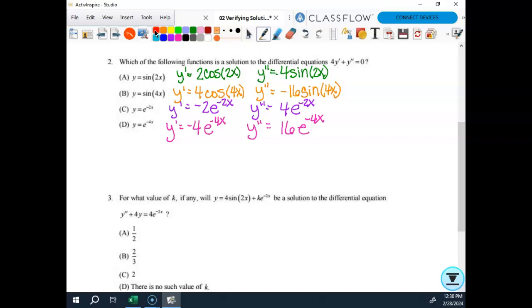Now, although I need to write out all my derivatives, and it's safest to actually substitute them each in, because it's multiple choice, we don't have to actually go into that. You can just kind of look at them and think your way through it, unless you get lost in that.